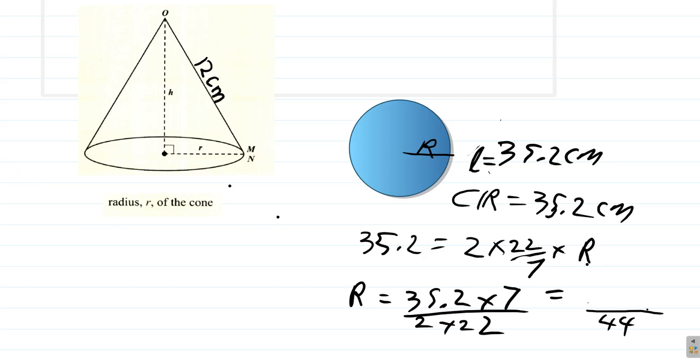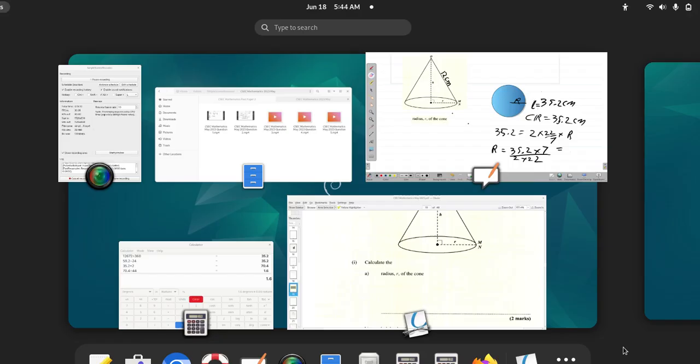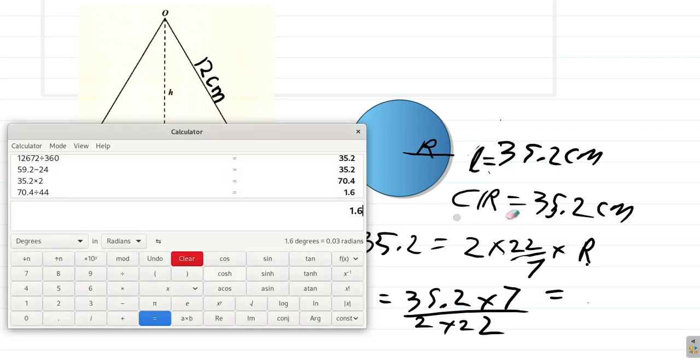Alright, let's just work it out directly with the calculator. So 35.2 times 7 equals that over 22 by 2, which is 44, over 44 equal.